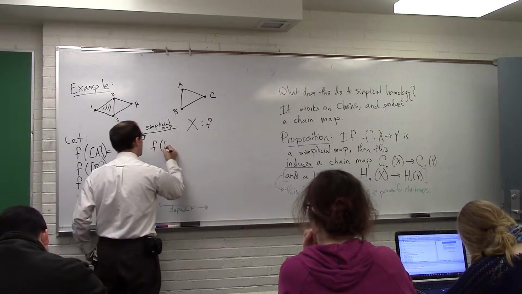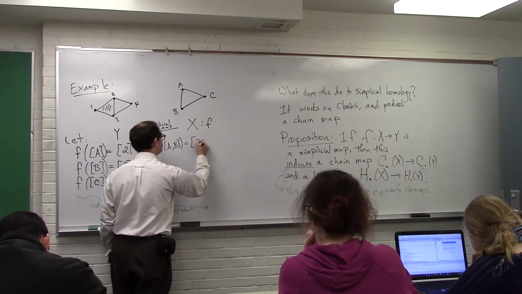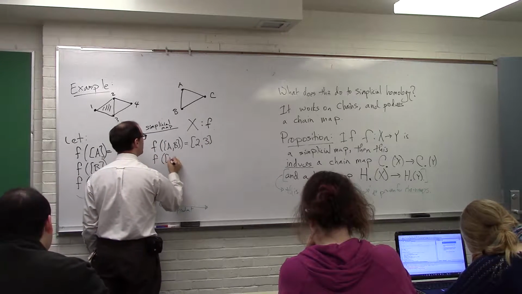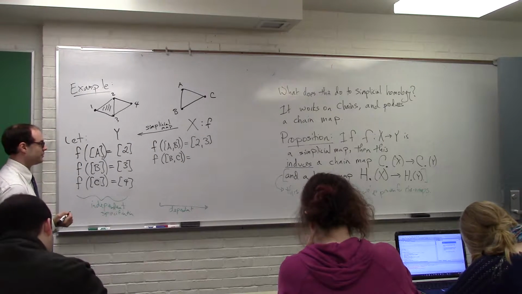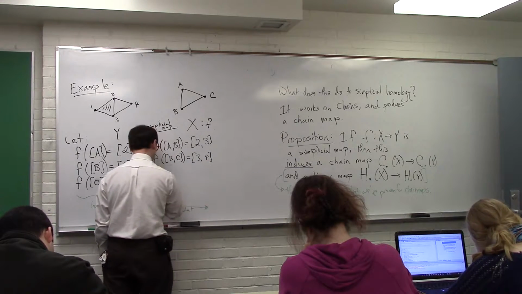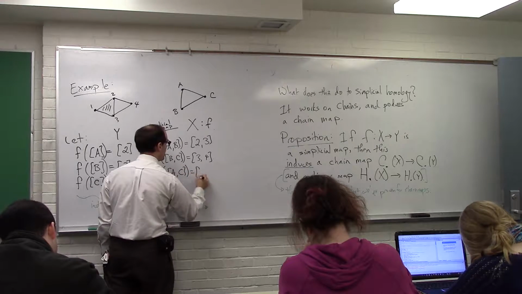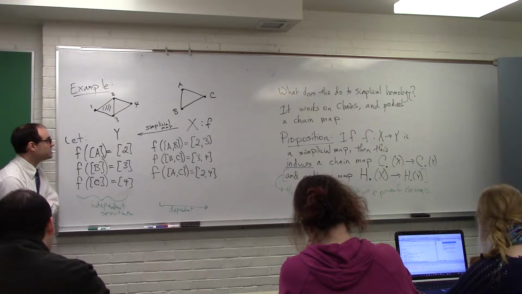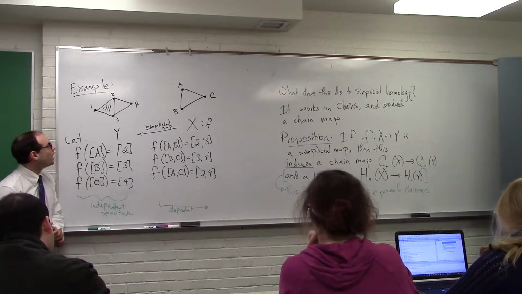So AB turns out to be 2, 3. F of BC turns out to be what? 3, 4. And F of AC happens to be 2, 4. And that's all there is to it. That's a complete specification telling you where all the simplices on X ended up in Y.